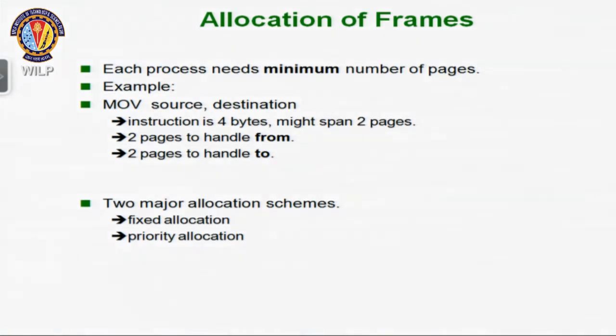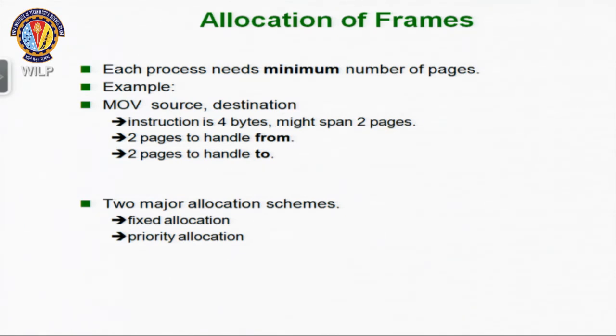So in this case we see that we have 2 pages required for an instruction, 2 pages for a source, and 2 pages for a destination. So a total number of 6 pages. This is how the minimum number of frames is decided.